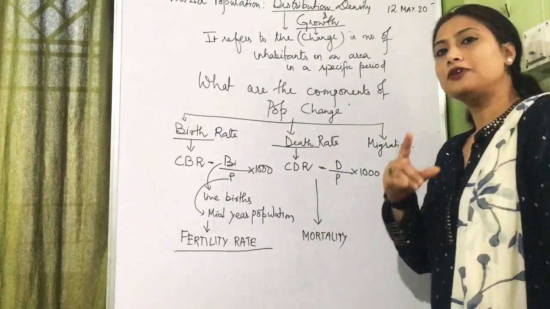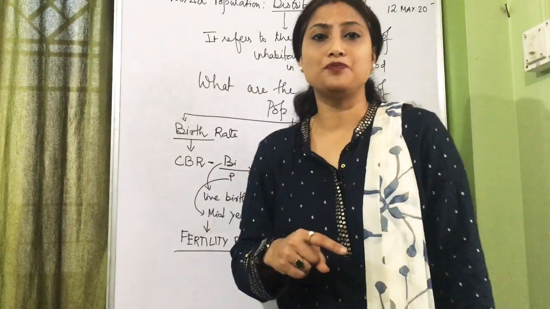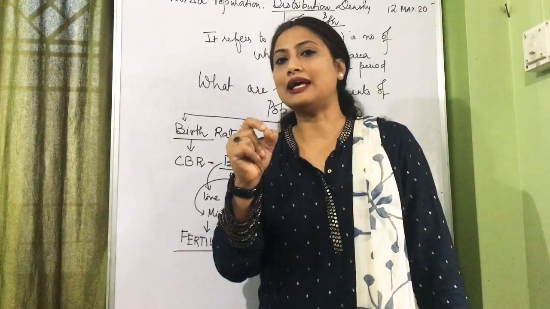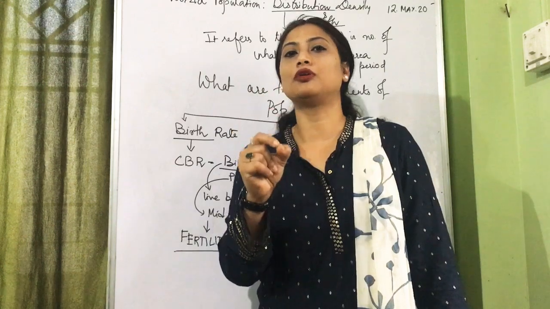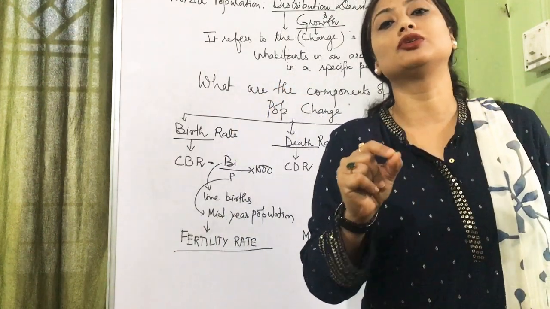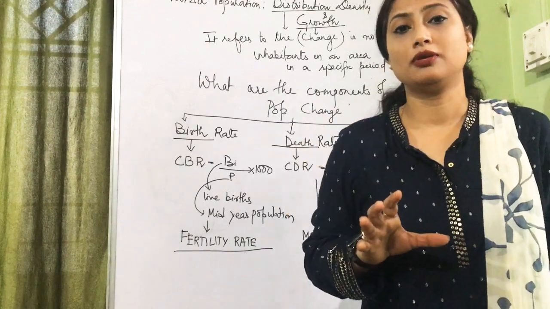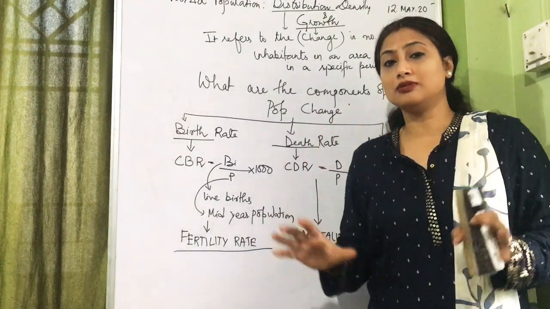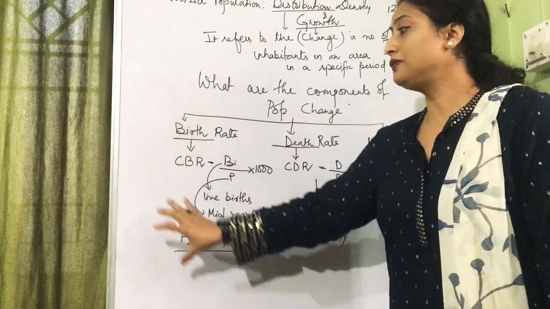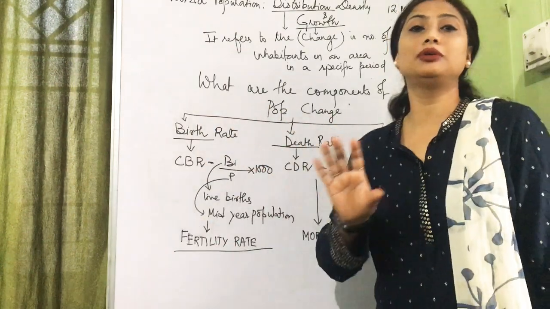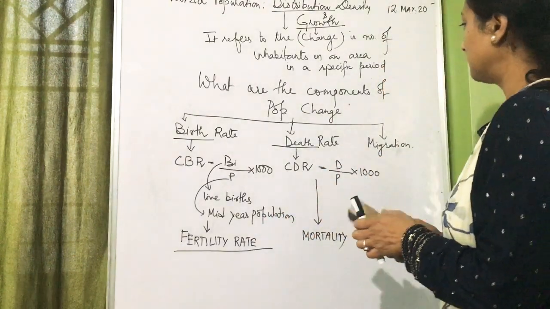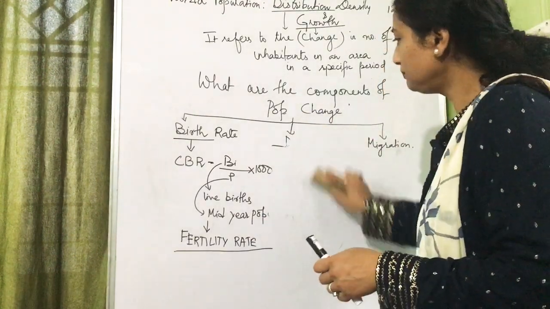Amartya Sen, the famous Indian economist who got a Nobel Prize, said that death rate can give you the picture of whether economic development has succeeded or failed. So you can imagine how birth rate and death rate can give you information about a particular society. Now we talk about the last one, migration.